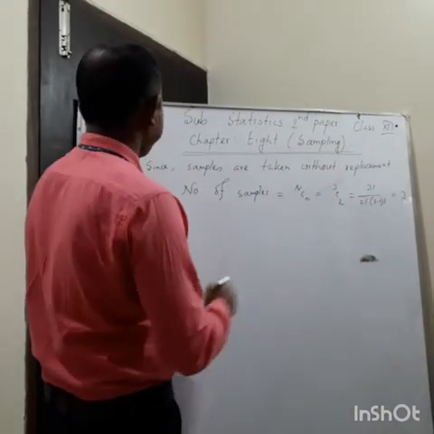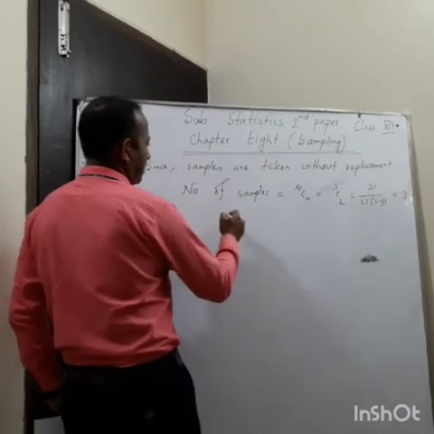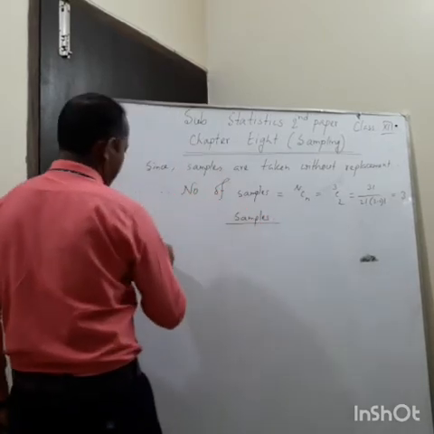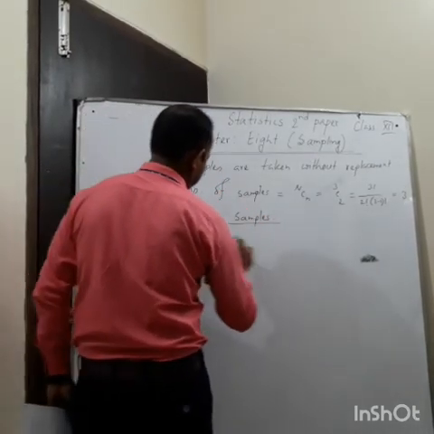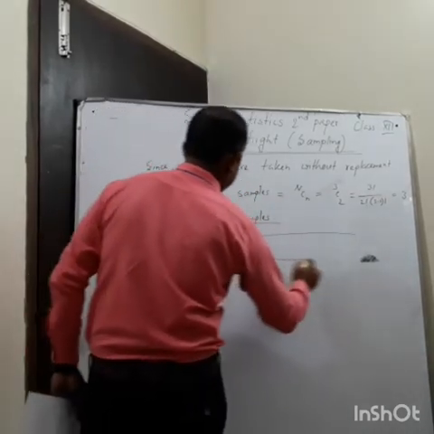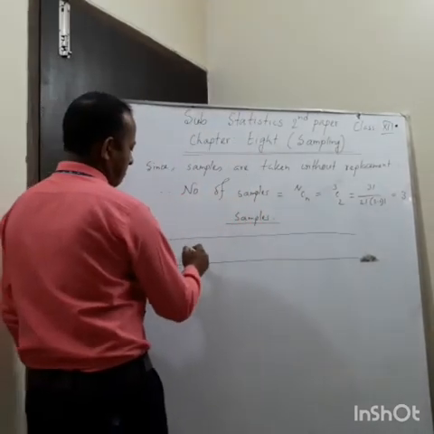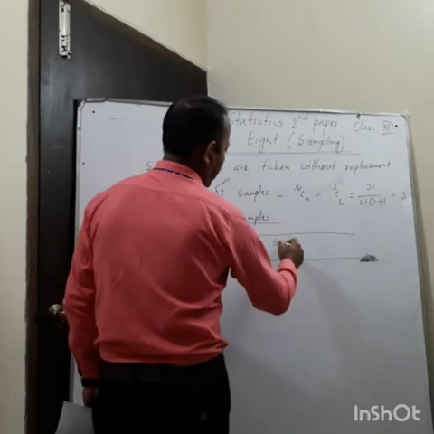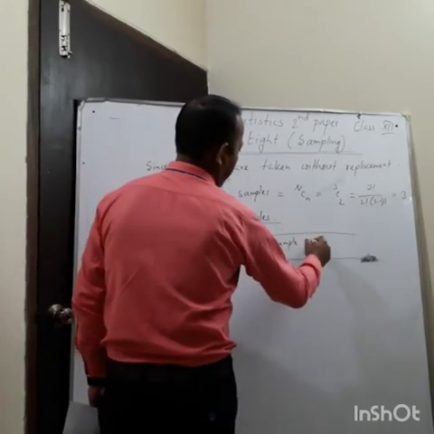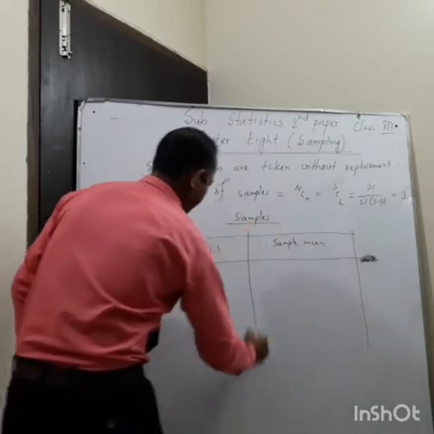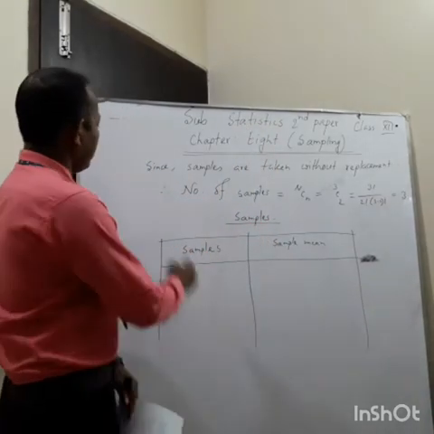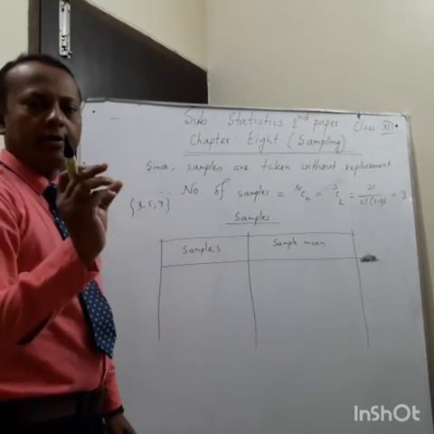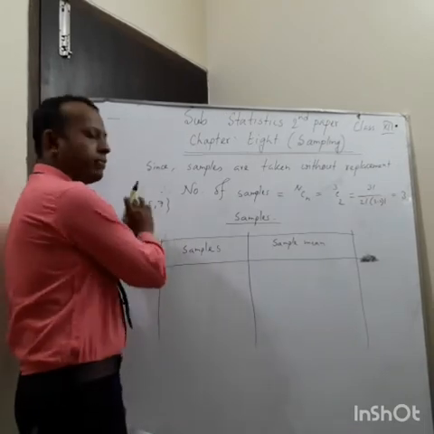Now the samples and sample mean. There are 3, 5, 7, only 3 elements of the population.